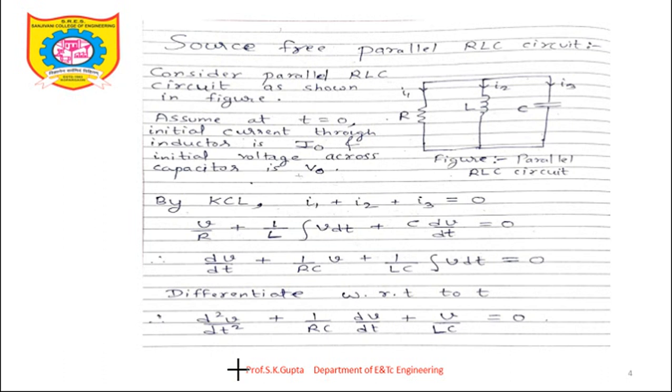So here your differential equation will be D square V plus 1 by RC D V plus 1 by LC V equal to 0. Take V common: D square plus 1 by RC D plus 1 by LC equal to 0. Just find out the factors and you will get the solution of the differential equation.